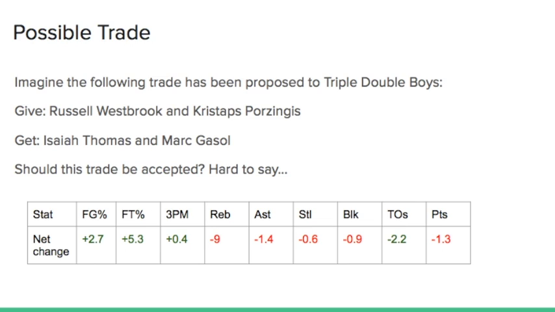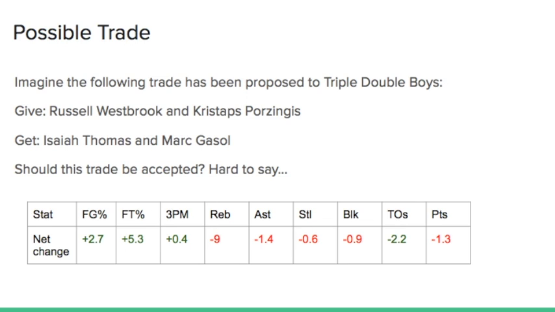And although this can be done, A, it's very time consuming, and B, it doesn't really tell the full story or the big picture. Because while it's easy to see that I might be gaining 2.7% in field goal percentage, it's difficult to know whether that 2.7% increase in field goal percentage is worth the negative 9 rebounds that you're losing.